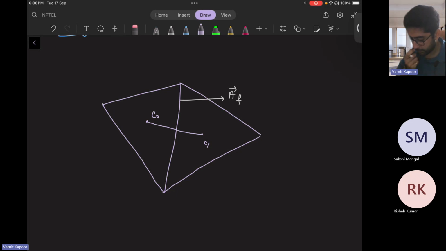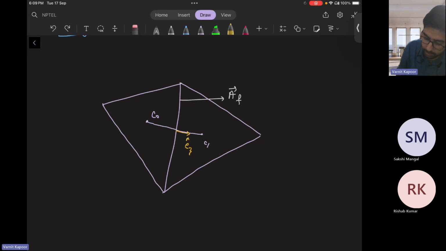So the line connecting them is not parallel to the area vector. That means we have non-orthogonality. This is E theta, and this is not parallel at all. They are quite likely to diverge.